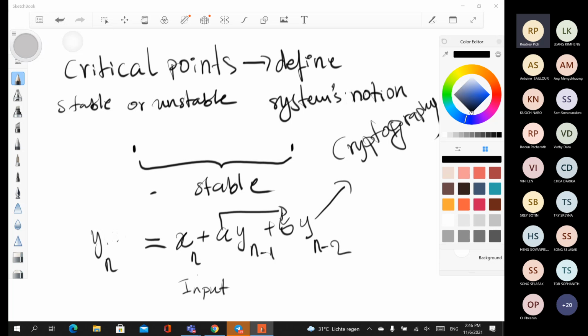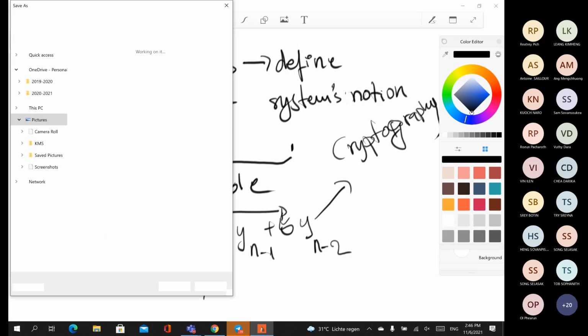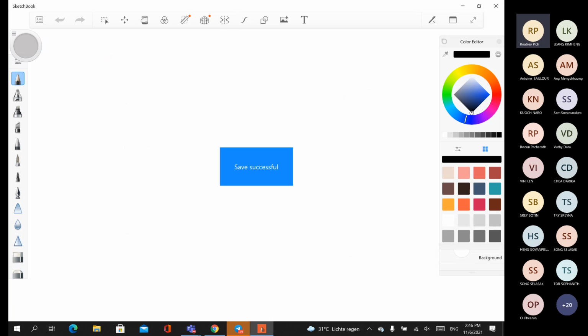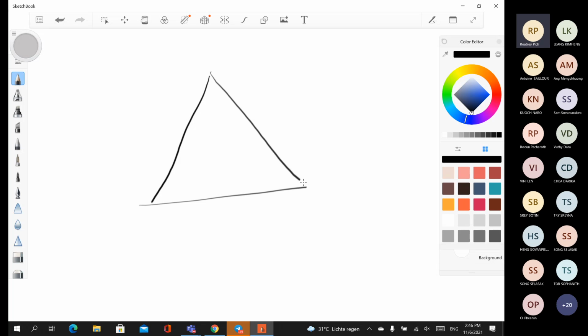So our A and B must be either unstable or stable. I would like to make our system unstable, so I try to use the stable triangle.